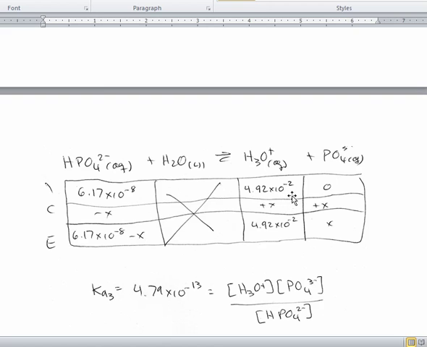My concentration of hydronium comes from my first dissociation of phosphoric acid, so 4.92 times 10 to the minus 2, and phosphate initially has 0 concentration. So we've got to shift to the right to get to equilibrium, and I didn't even put plus x down here because this x is going to be so small, I know without a doubt that I can eliminate it in my addition and subtraction. So here's my Ka3 value, very, very small.